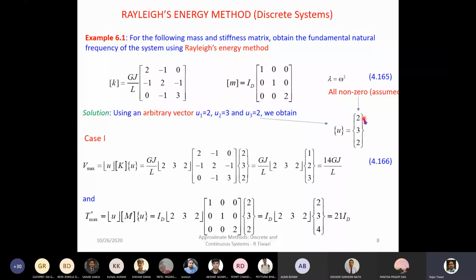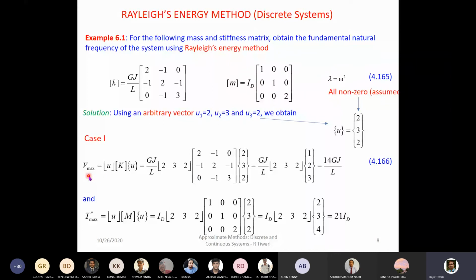You can observe that all the terms have the same sign, so we expect that the estimate will be closer to the first natural frequency. Also, none of them should be zero because we will be taking ratios, and whatever terms we take should always be positive. So case one, in which we have chosen this particular vector as an approximate eigenvector.